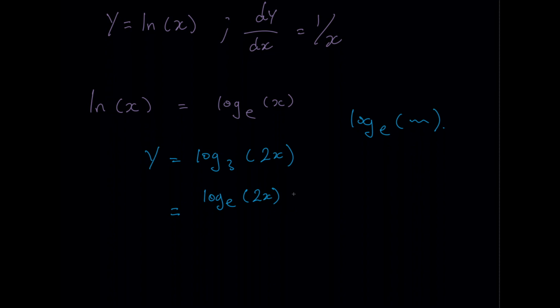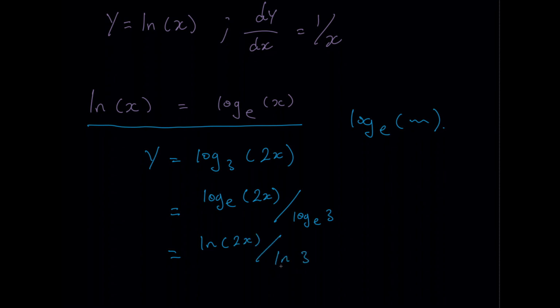The small thing goes in the bottom, so that will be log e of 3. As I've said previously, ln x is just log e, so that's just ln of 2x over ln 3.